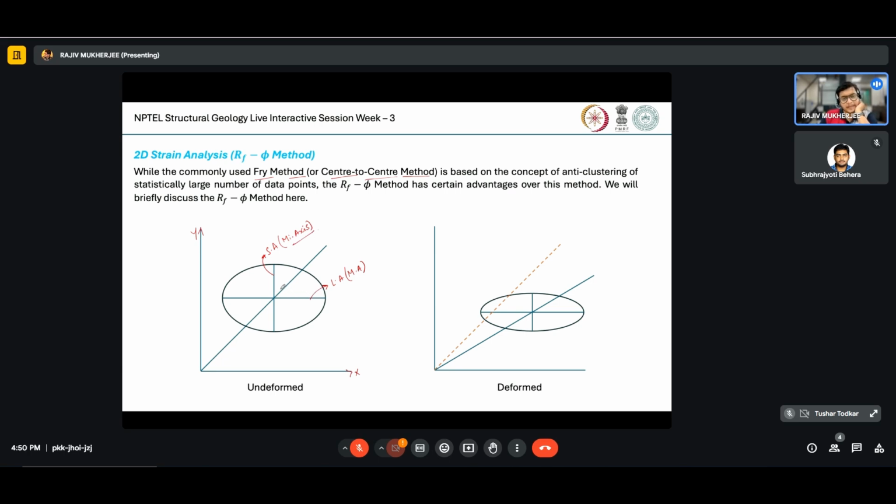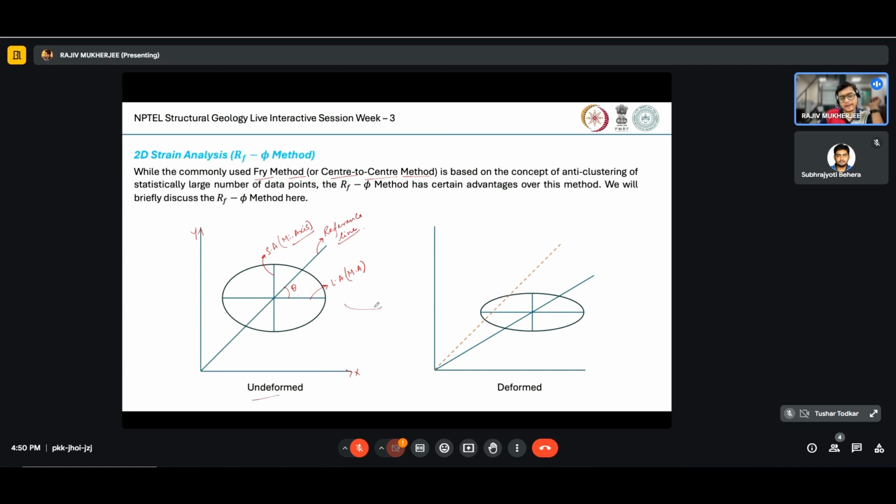And this major axis makes an angle of theta with the reference line. So this is any reference line in your system. Consider this as the undeformed state.